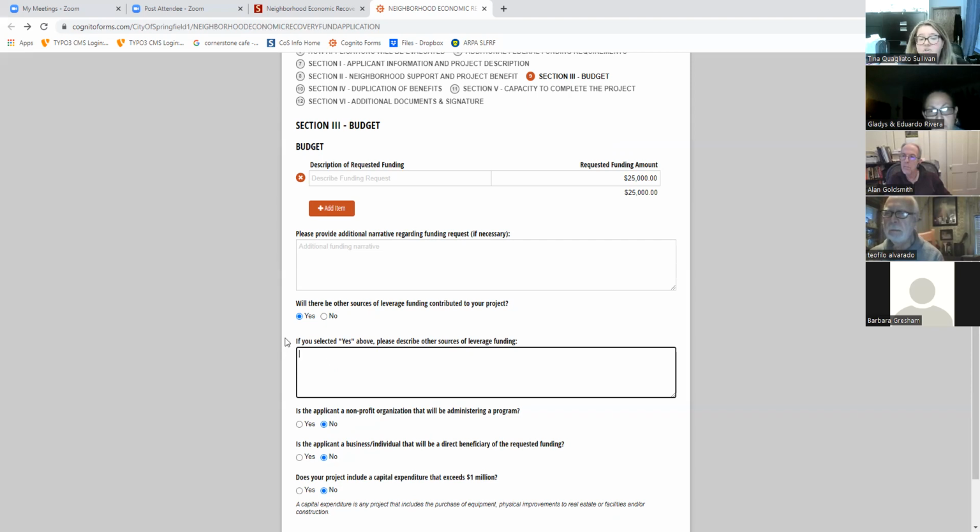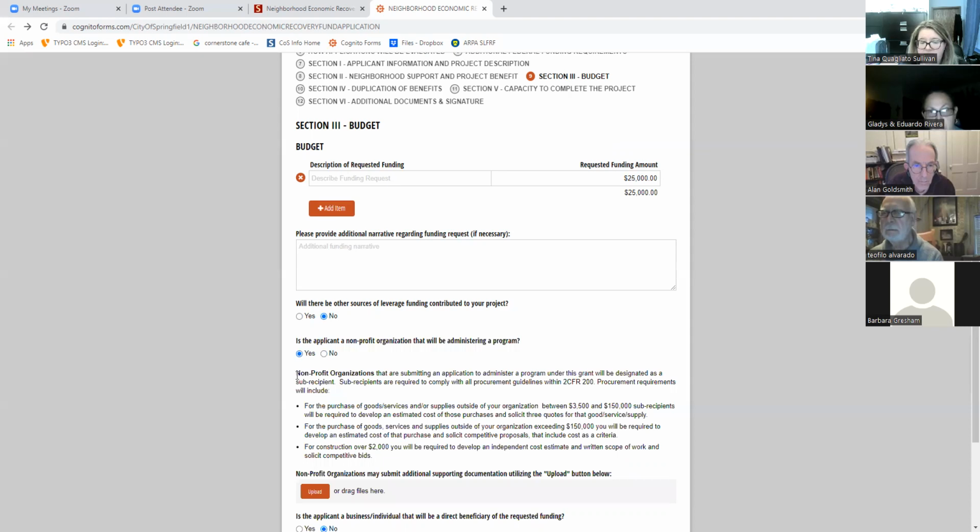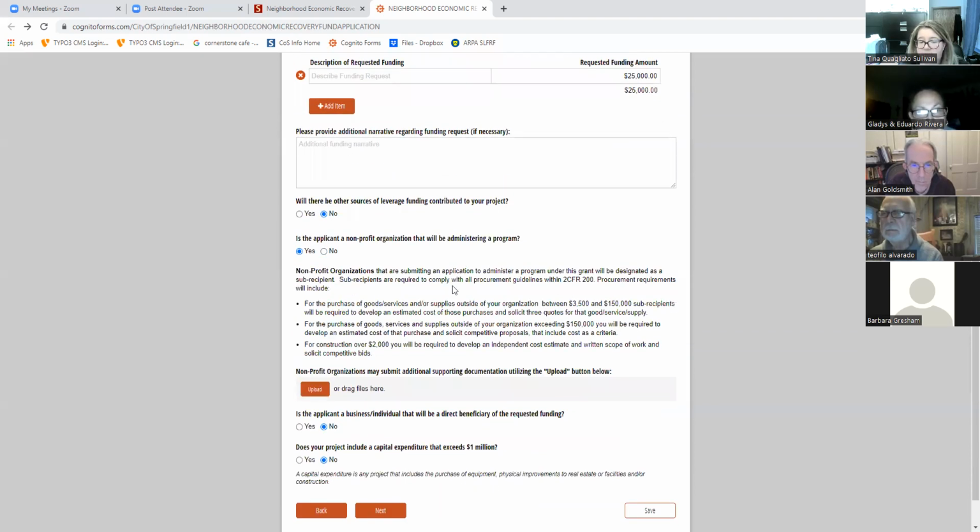So it can help if you have leverage funding. Then we're asking, is your organization a nonprofit that will be administering a program? If you click yes, then what's going to pop up here is those procurement requirements that I talked about under federal funding requirements.